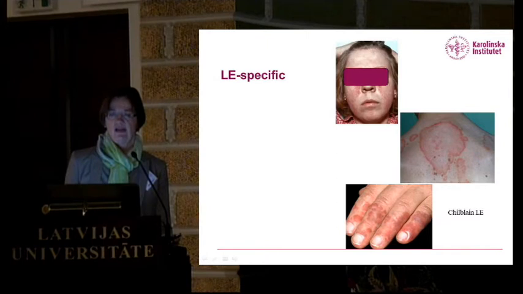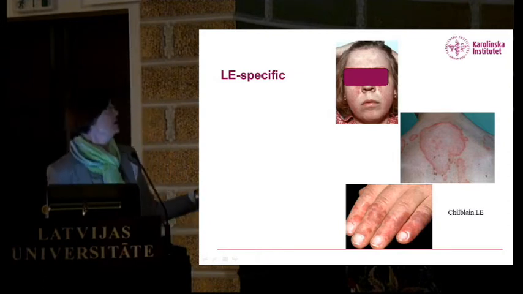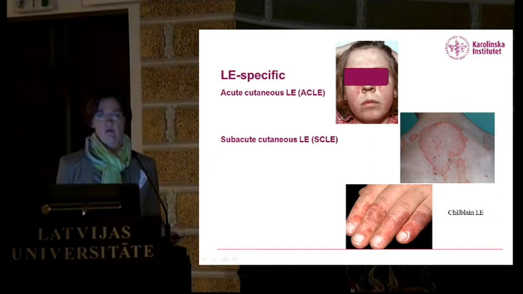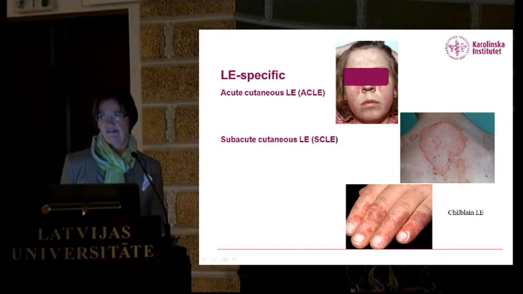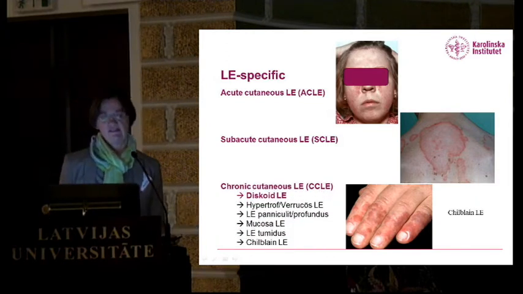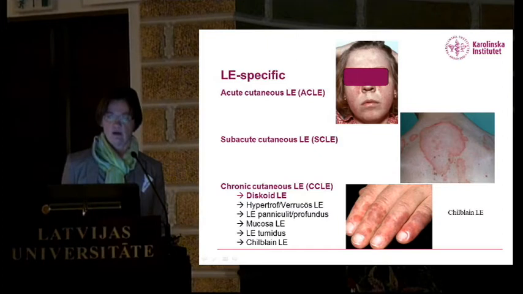We are talking about the LE-specific skin lesions, the very well-known butterfly eruption, the subacute cutaneous lupus connected to the Ro/SSA autoantibodies, and the chronic cutaneous lupus that is still, to a very large extent, discoid lupus, but also other variants that are less common.